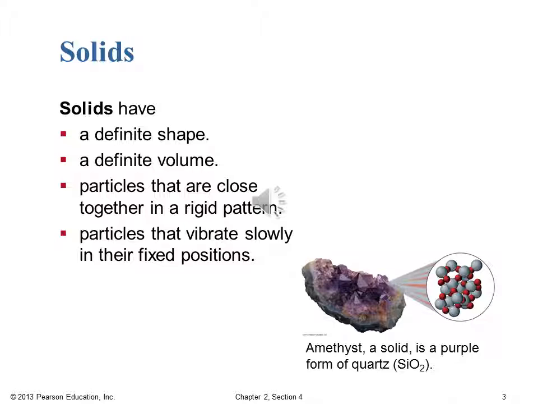They also have a definite volume, and again, to go back to that idea, the particles are close together in a very rigid pattern, and they vibrate slowly in their fixed positions. So what about small things, powders, flour, for instance? Many of us have flour in a container on our kitchen shelf, and it seems to take the shape of the container.